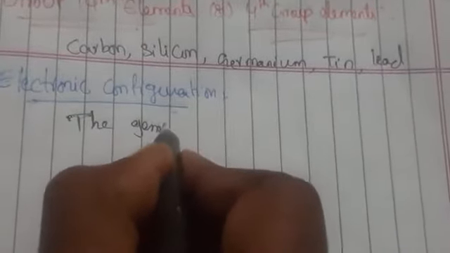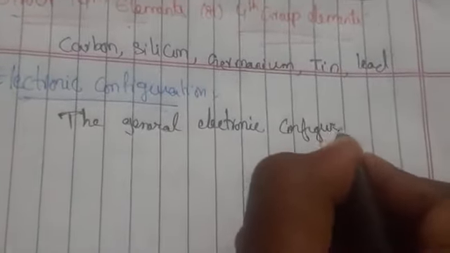Generally, the general electronic configuration is ns2 np2.